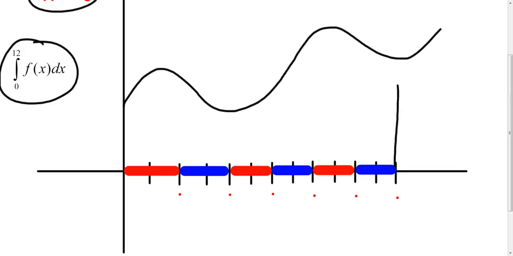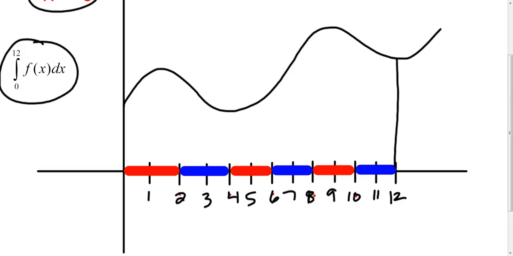So go straight up here, this is where your 12 is. This is 10, 8, 6, 4, 2. I can fill all these in if I want to. I don't need to, but I could.